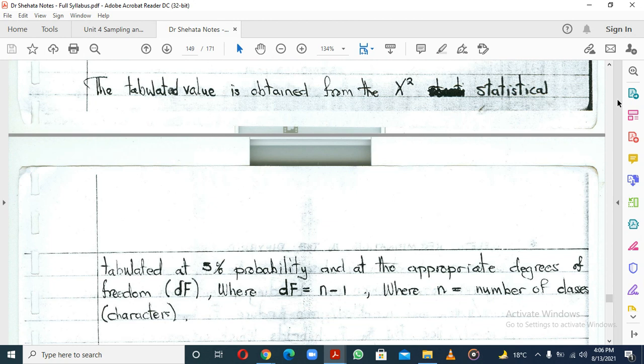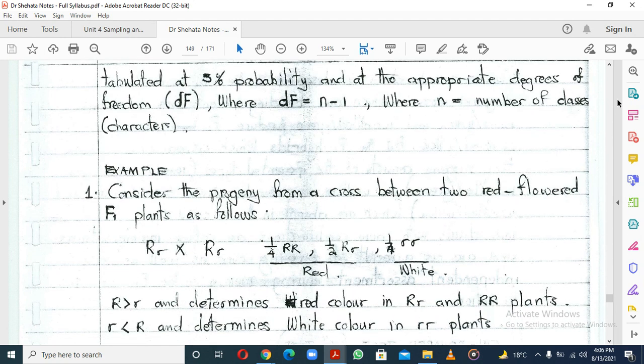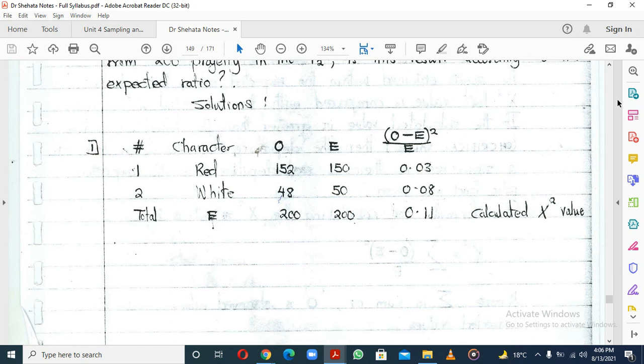So the tabulated value is obtained from the chi-squared table at 5% probability. The 5% probability is important because sometimes it can be 10%, and that affects which table you are going to get your values from.